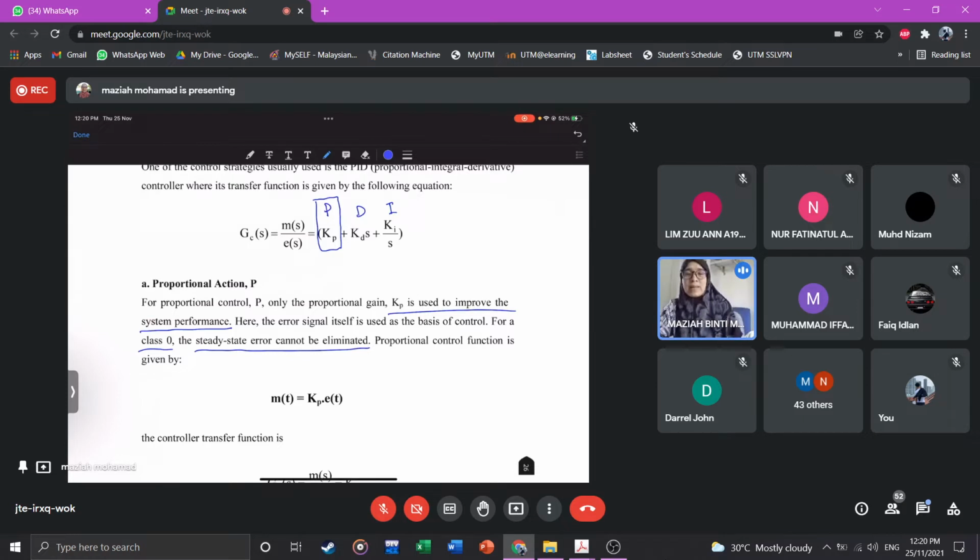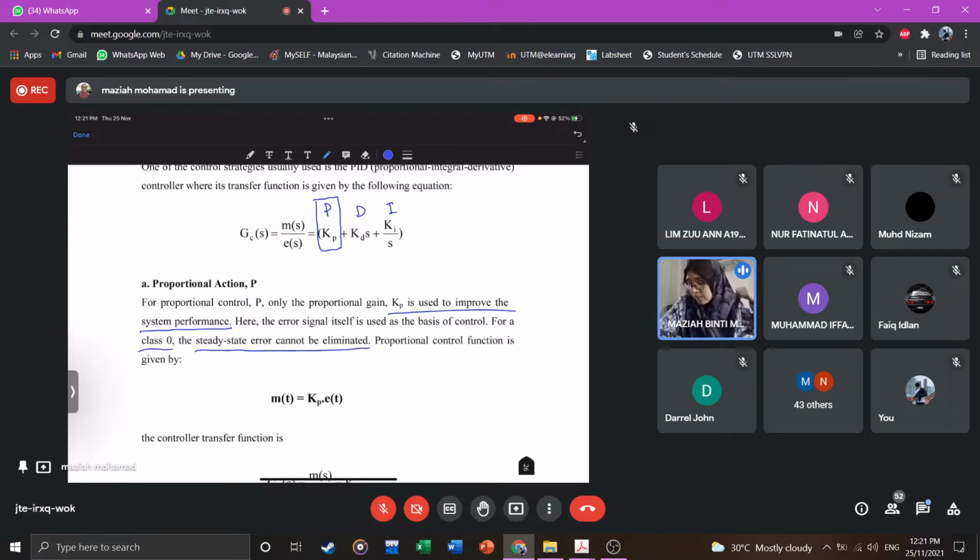We learned on Tuesday from the table that for class 0 applying a unit step input, the error will always be 1/(1+KP). The error can be reduced, but we cannot eliminate it. There will always be a very small value, but still a steady state error. That's why we said a P controller cannot eliminate steady state error. We cannot get zero error.